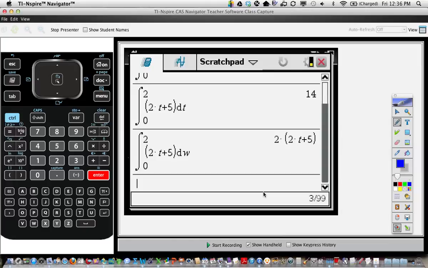We don't get what we're supposed to. Why not? Yeah, so what was the calculator thinking the t was? No, not the variable. The constant. See, the calculator thinks the w is the variable, right? Because we told it with respect to w.